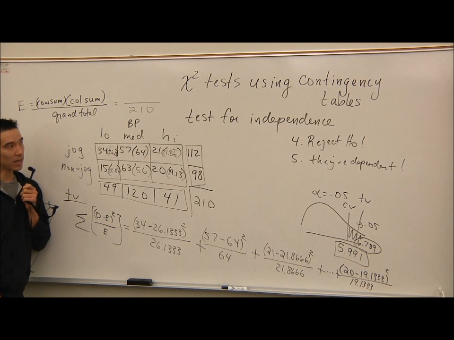The next test we have is called homogeneity of proportions, but the way we do it is exactly the same as this test. Okay? The only difference is your H0 and H1 is based on proportions as opposed to independence versus dependence. Okay?